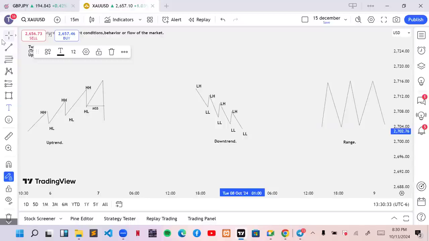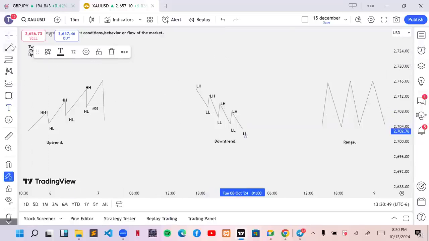For each high that comes, it's going to be lower than the previous one. You can see this was the last high, the second high is lower than it, the third high is also lower than the last one, and the fourth high is also lower than the last. So that signifies a downtrend.